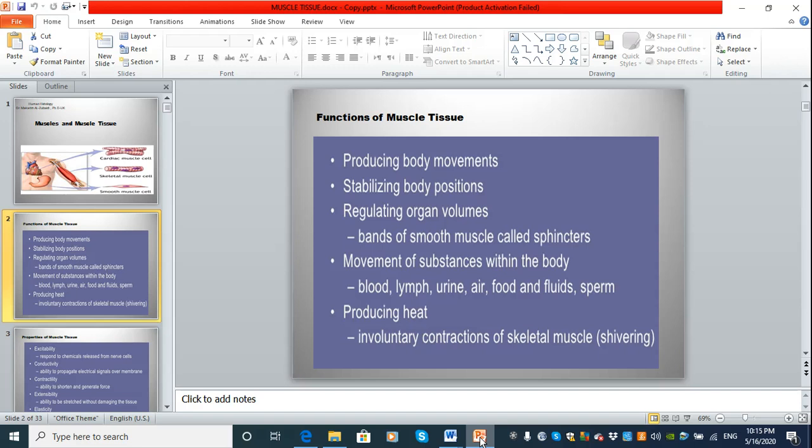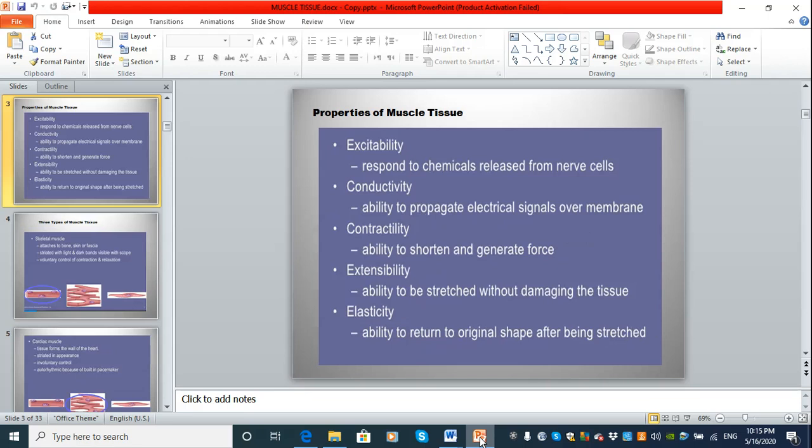Now, the properties of muscle tissue. This slide is essential, because these properties must go in sequence, one following the other. You cannot change the order, because then it doesn't make sense.